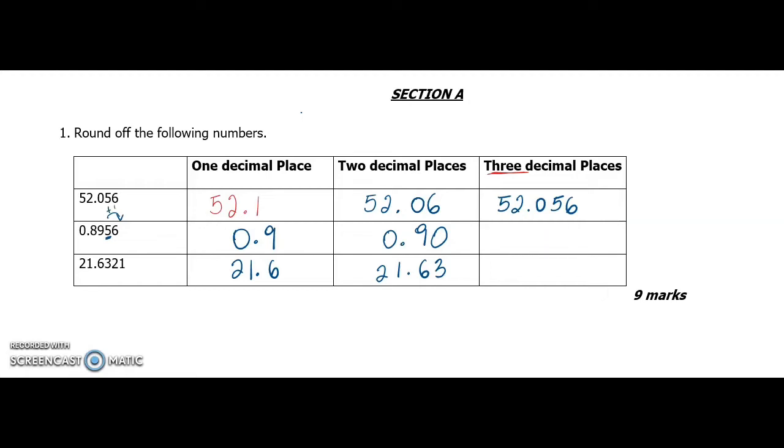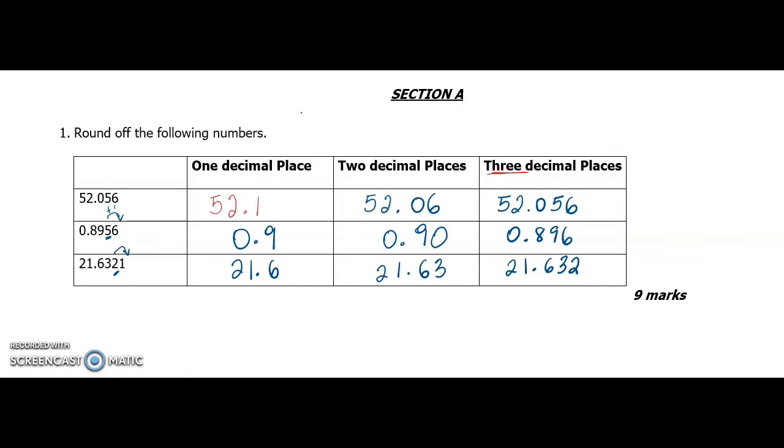So I'm going to add 1 to the 5, and here I have 0.896. And for the third number, my target number is 2. When I look to the right, I only see 1. It is less than 5, so I'm just going to write back the number as it is, and I'm not going to write the number 1. So that is the answer for the table.